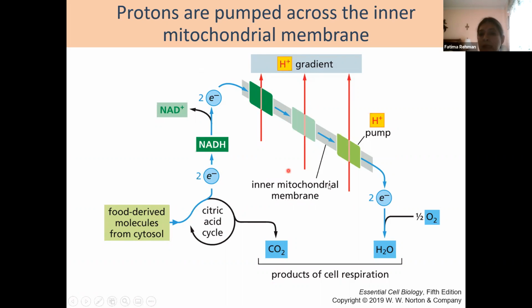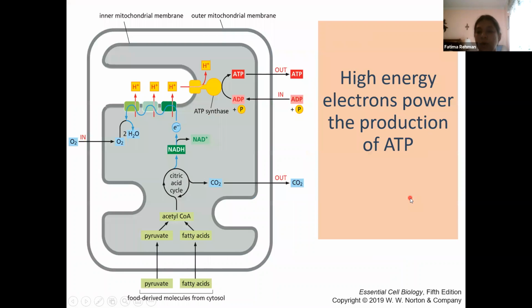And so by the time you get done with this process, you will be utilizing those same protons back into the system and utilizing oxygen and the electrons to create your water as a byproduct.